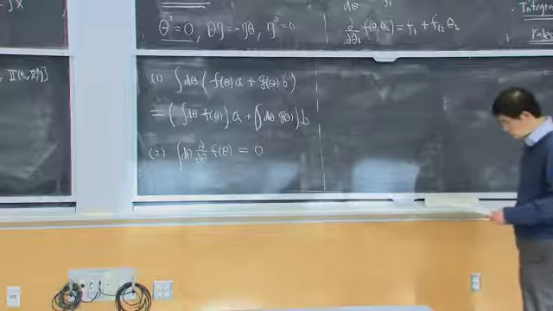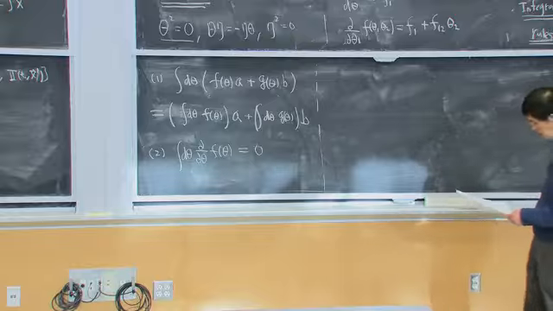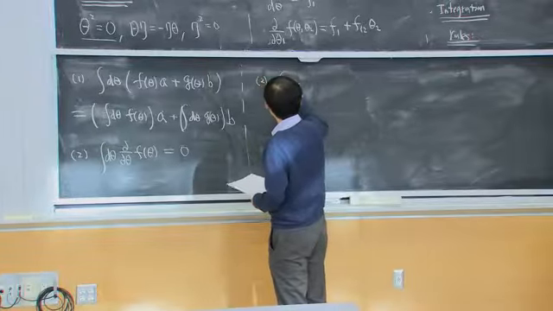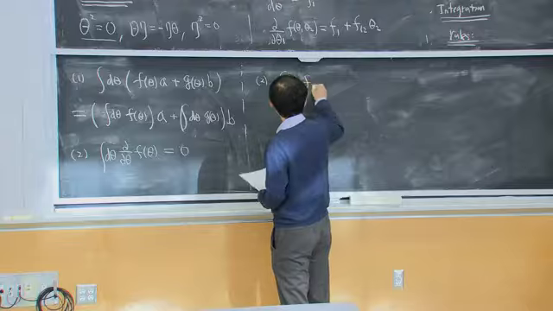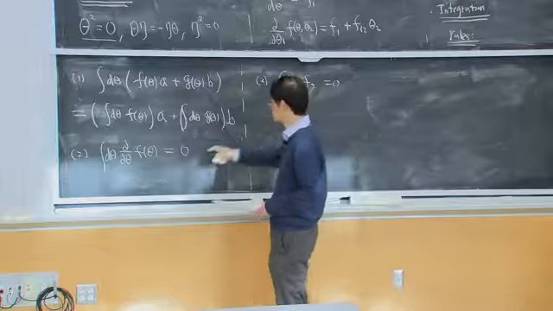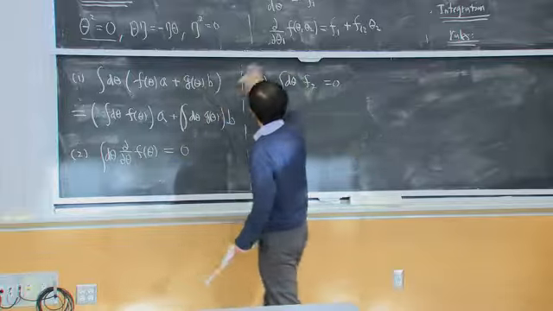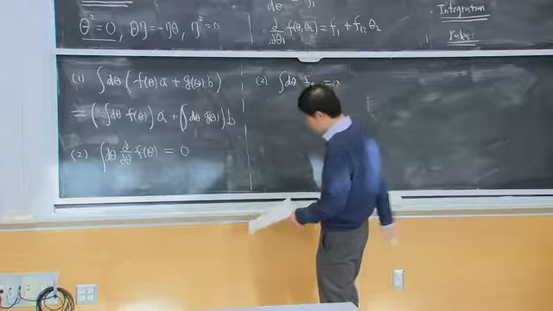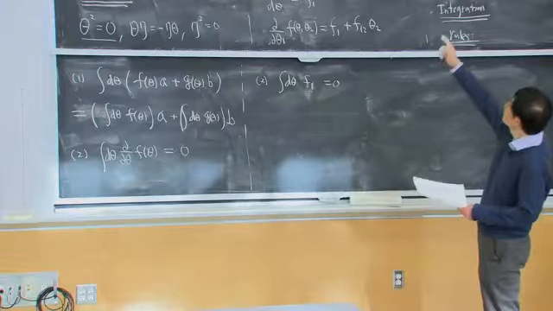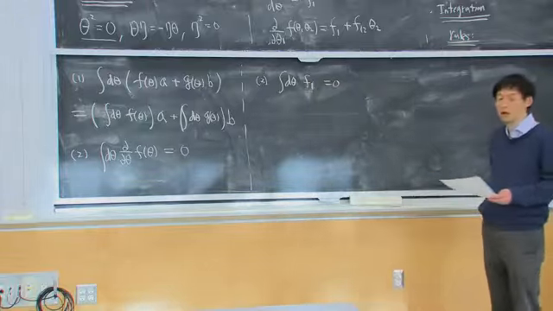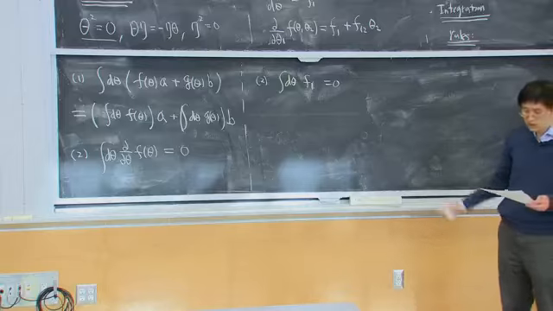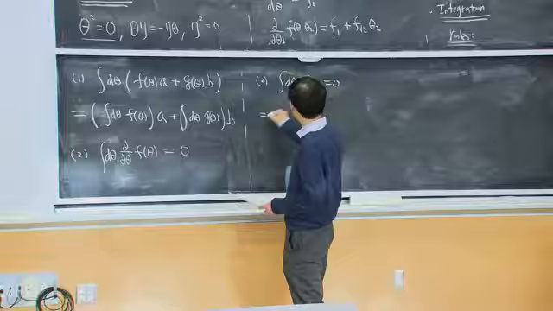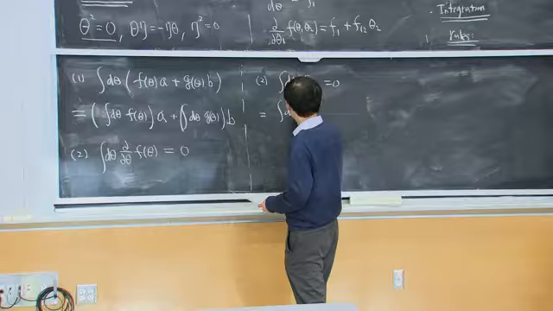Good. So we have these two conditions. Let's see what these two conditions tell us. From condition 2, we conclude that the integral d theta of the derivative of f, which is just f1, equal to 0. And since f1 is a C number, you can take this f1 outside the integral.